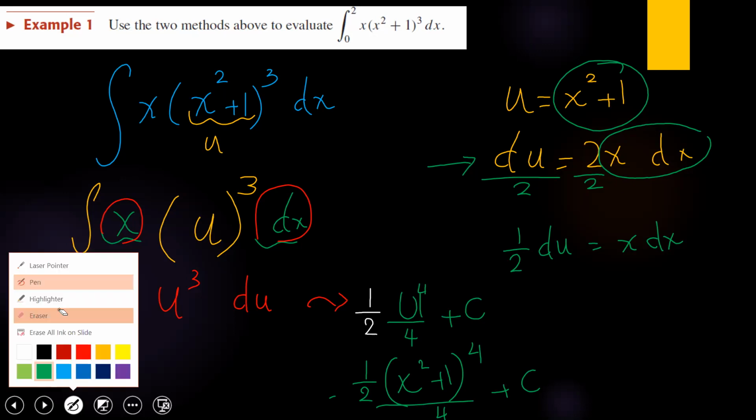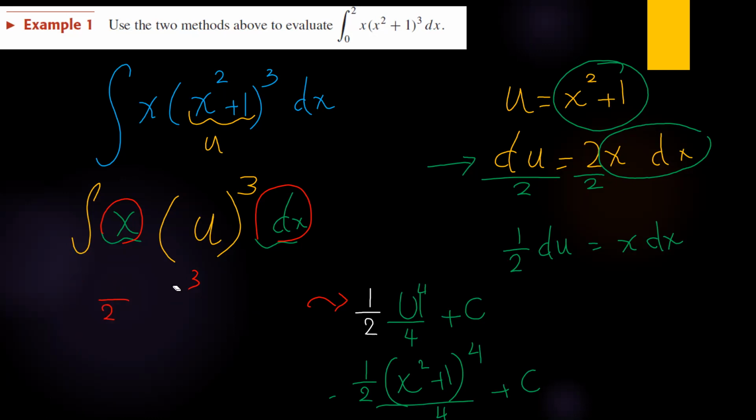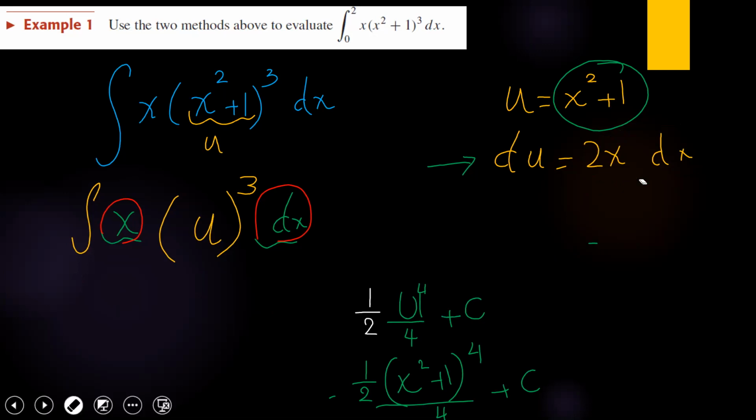After we substitute x squared plus 1 as u, I have u and x. Since we have two variables, we cannot integrate.